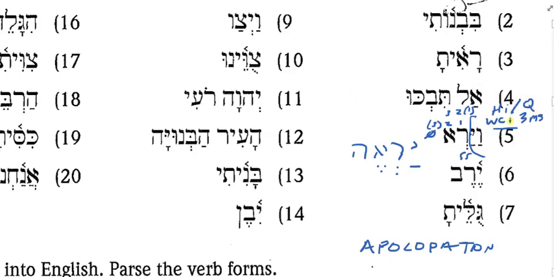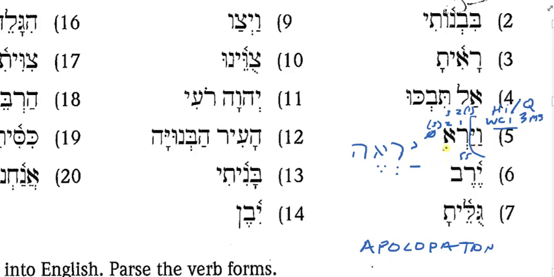This happens with a handful of verbs, and this is one of them, where the hifil and qal forms end up coalescing. Okay, so now if it's qal, how am I going to translate this? And he saw. Okay, and he saw, not showed. So qal is see, hifil show.